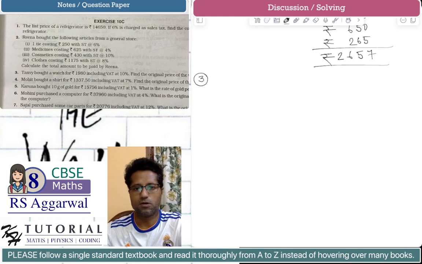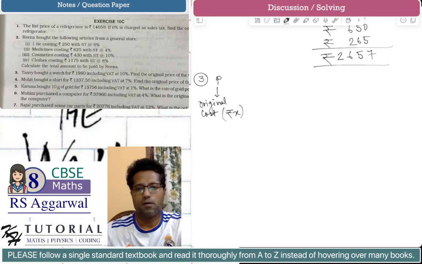Let's say P be the original cost. Original cost, let's say rupees X. We have 10% VAT.